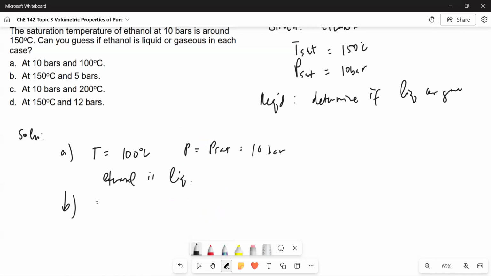So T equal to Tsat equal to 150 degrees Celsius, but the pressure is only 5 bars. Okay? So let me put here a symbol that, so less than, hold on.